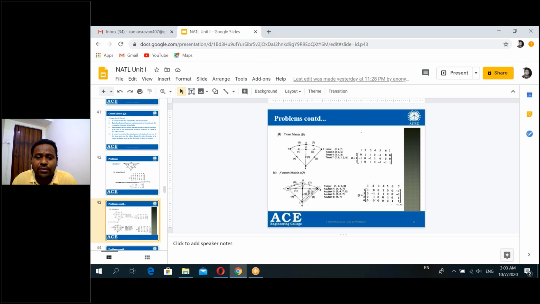So once again I will explain, don't be confused. Cut set 3, that is 4, 3, 2, 7. We should follow the branch 3 direction. Why? Because branch 3 is the twig. Now the branch 3 direction is away from the node.